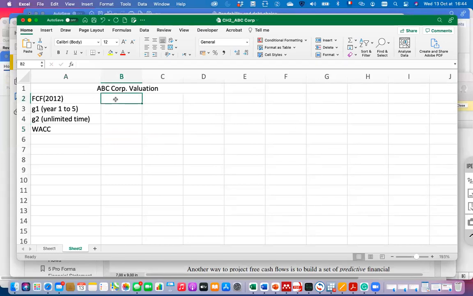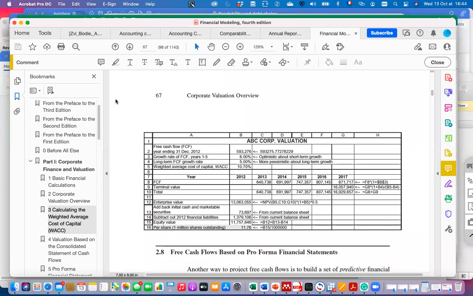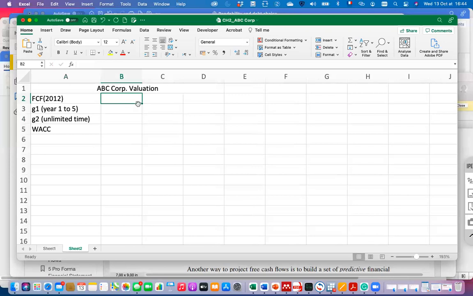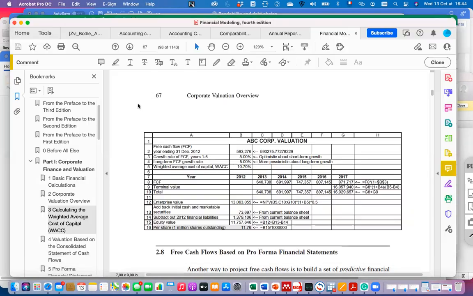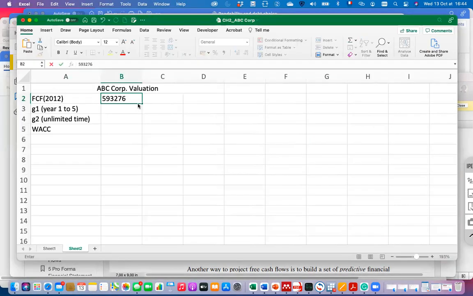Now the free cash flow of 2012, which we found last time, is $593.76. We have an 8% first growth rate, a 5% second growth rate, and a WACC of 10.7%.